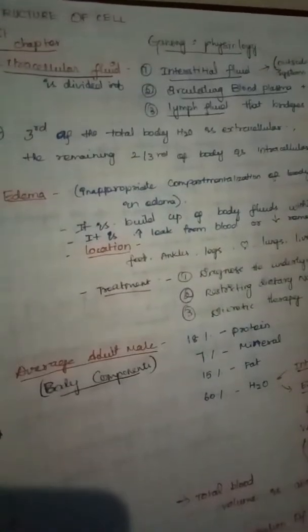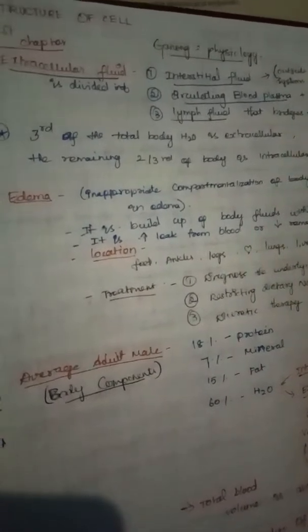Now the extracellular fluid is divided into interstitial fluid, circulating blood plasma, and the lymph fluid. Interstitial fluid is outside the vascular and lymph system, bathing the cells.